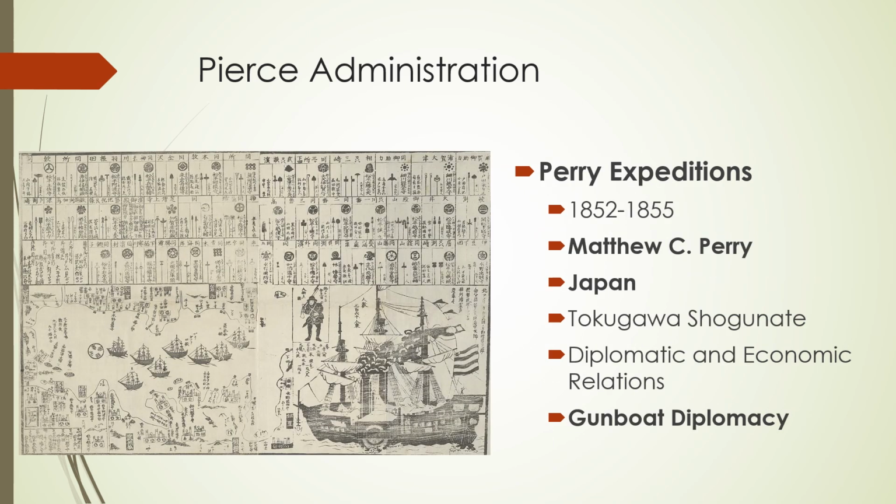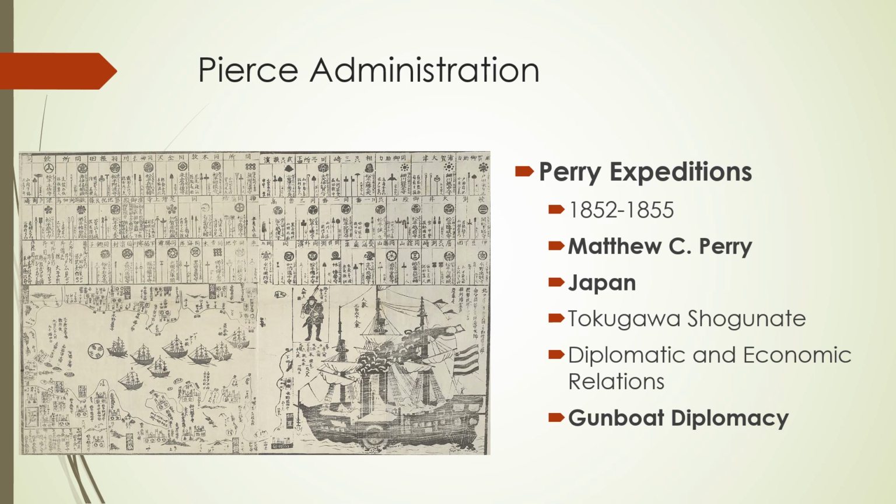One thing that did happen, though, under the Pierce administration was the Perry expeditions. So this was two naval expeditions. In fact, the first one actually left under President Fillmore, but two expeditions to the Far East under a U.S. naval officer named Matthew Perry.